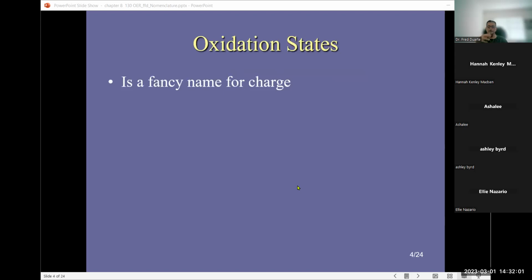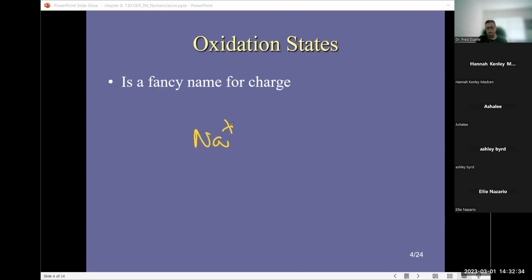Now, up to this time, I've been using the term charges. What is this charge? +1, -1. Okay. And really what we should be using, which I'm going to start using, is what is called the oxidation state. Okay. Because when I say the charge, you were really talking about the ionic compounds. When we say, for example, what is a charge of the sodium ion?